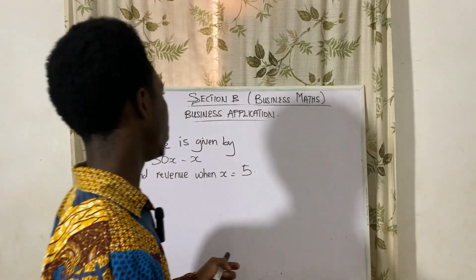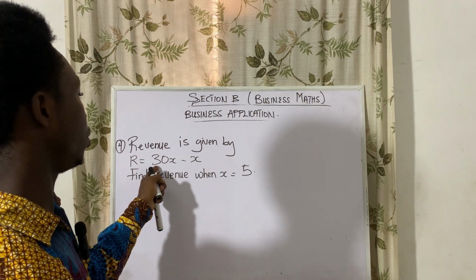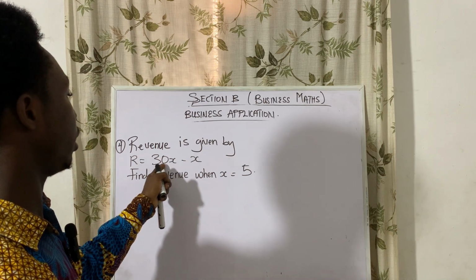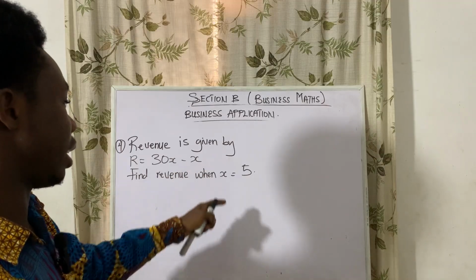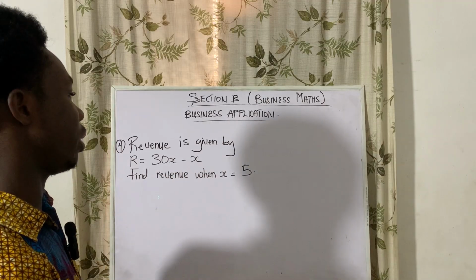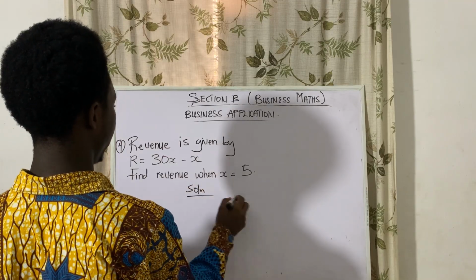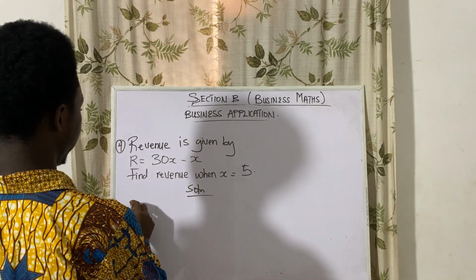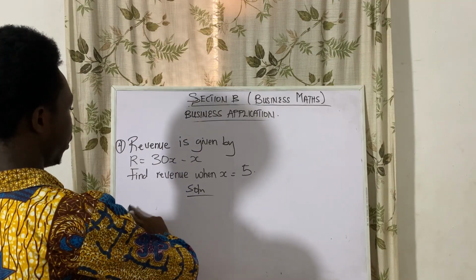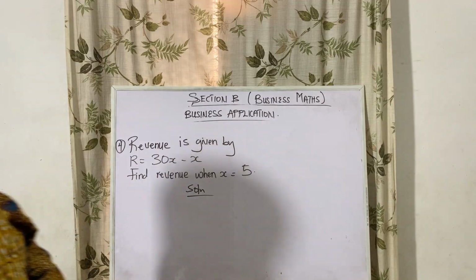Now let's look at a question on revenue. So we have revenue is given by R is equal to 30x minus x, sorry. Find revenue when x is 5. So solution, I hope you remember the formula for finding revenue.